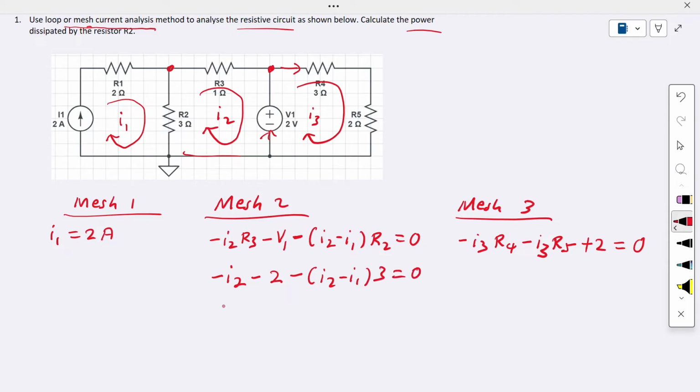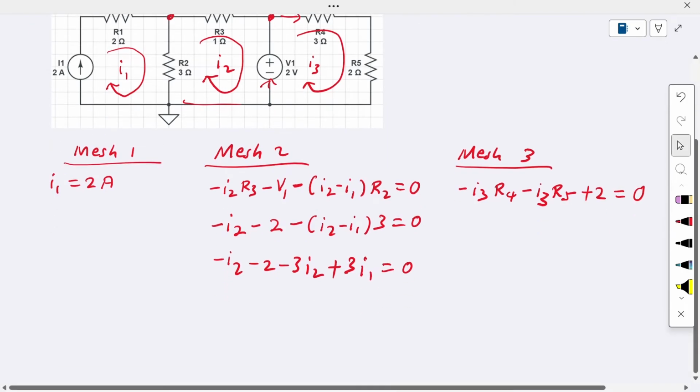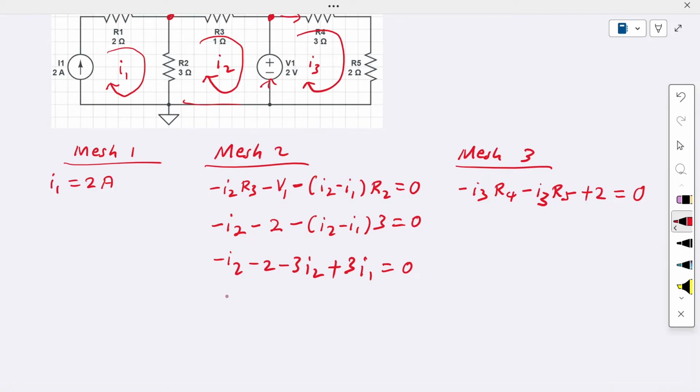This must be equal to 0. So here minus I2 minus 2, minus I2 minus I1, minus minus we get positive. So we have to multiply the bracket inside. In these cases, we have minus 3I2 and positive 3I1 equal to 0.